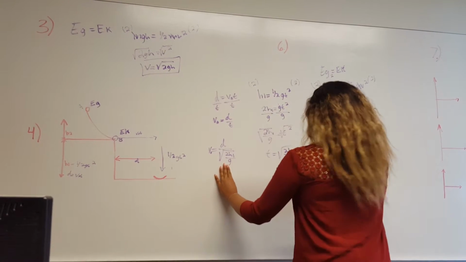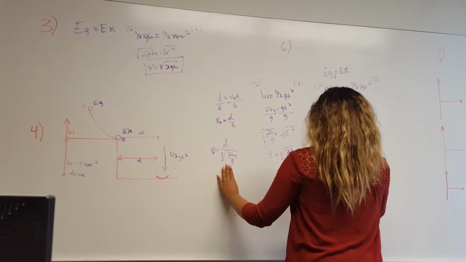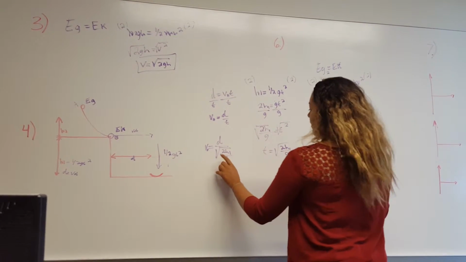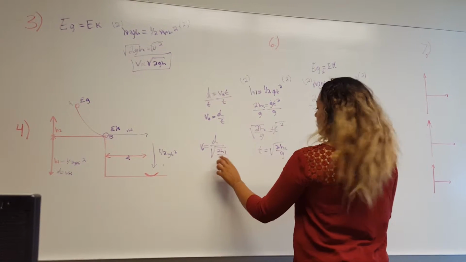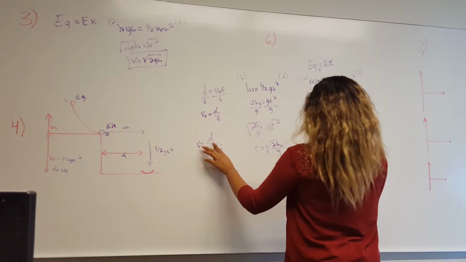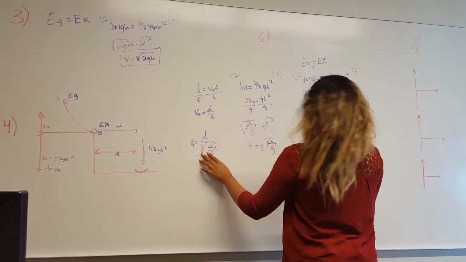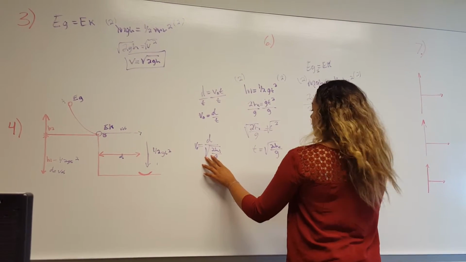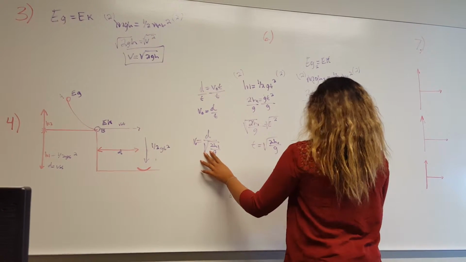And now you plug in your v. So you get H2 equals D over square root 2H1 over g, all over 2g.